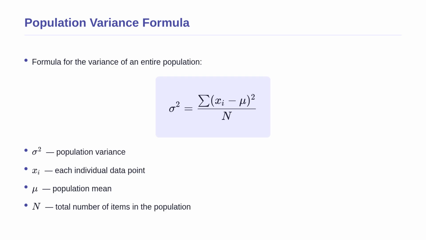The variable x sub i represents each individual data point, while the Greek letter mu represents the population mean. We subtract the mean from each data point, square that difference, add them all together, and finally divide by capital N, which is the total number of items in the population. If data points move further from the mean, the variance increases significantly.